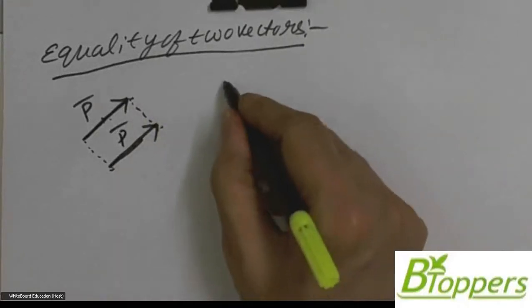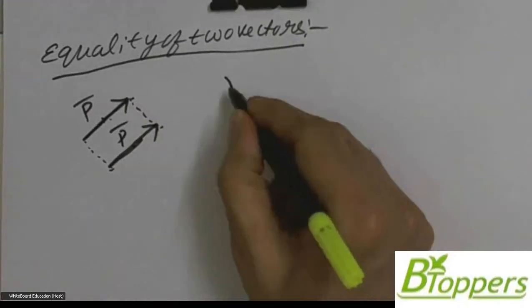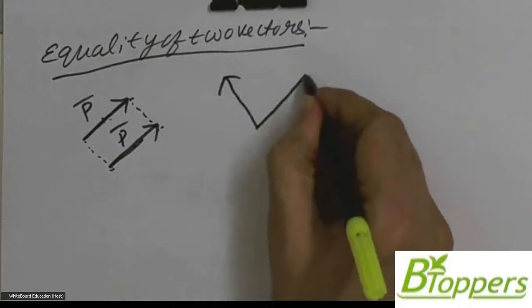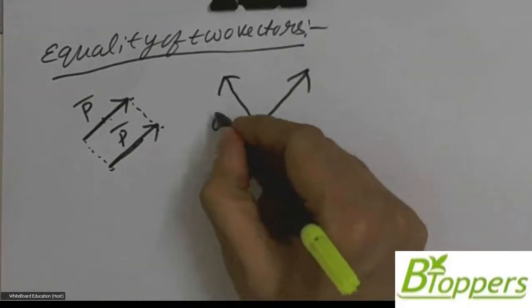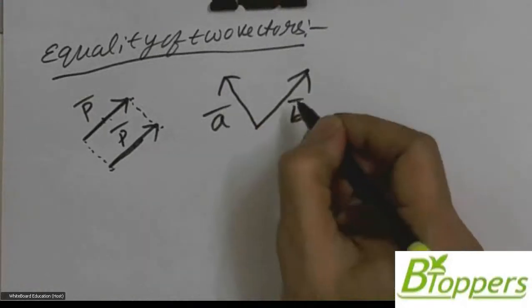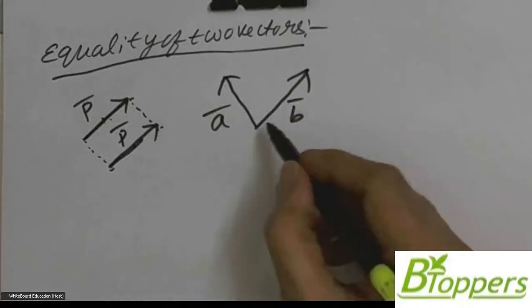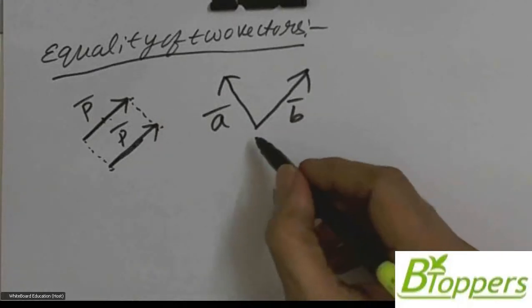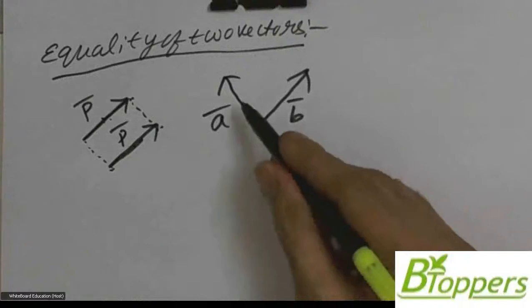Sometimes you come across problems where two vectors may have the same magnitude but act in different directions. Suppose two vectors A bar and B bar have equal magnitudes but act in different directions as shown in the figure.